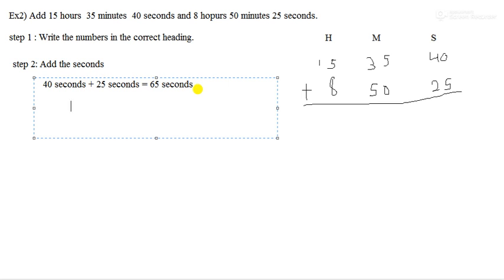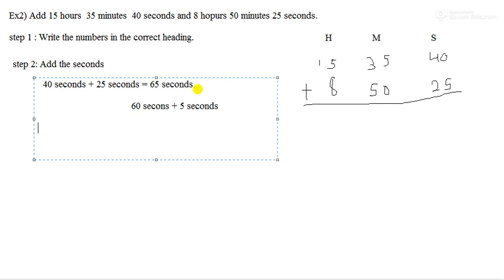Now here we have to break down the 65 seconds. So 60 seconds plus 5 seconds. 60 seconds means 1 minute. So 1 minute and 5 seconds. So how to write here? We have to write the seconds in the seconds column.